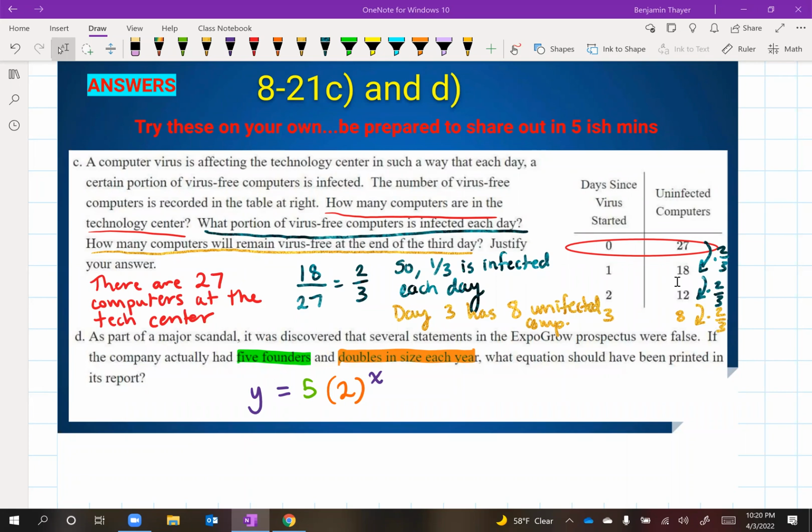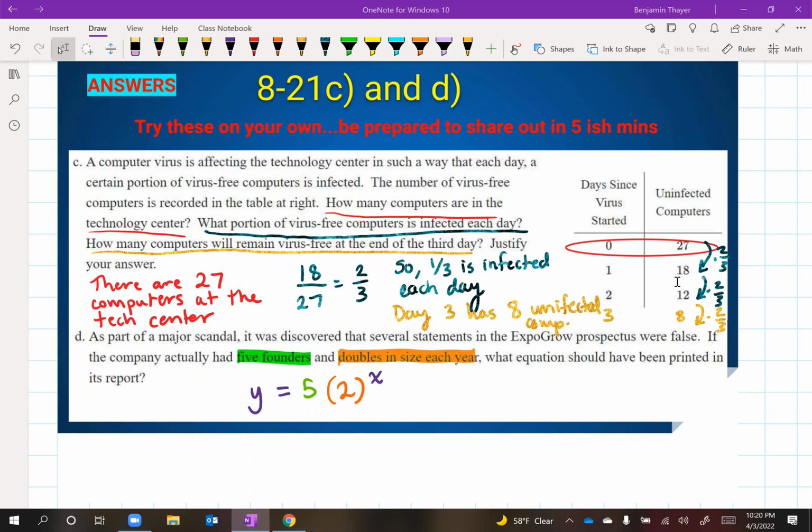There's a multiplier of 2/3 happening here. So that means 1/3 of the population is becoming infected every single day that passes by, if only 2/3 of the population is remaining uninfected. And finally, using that pattern, we can continue the trend to day 3 to calculate there would only be 8 uninfected computers remaining at the end of day 3.